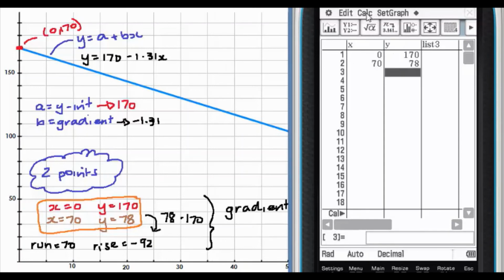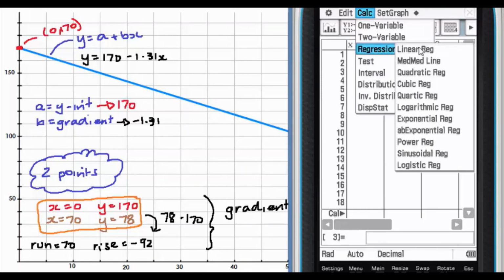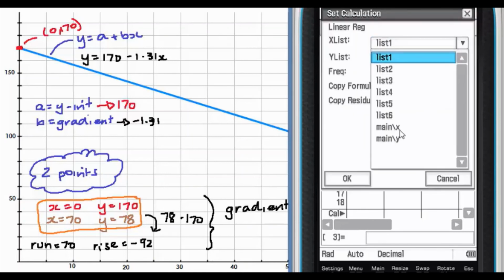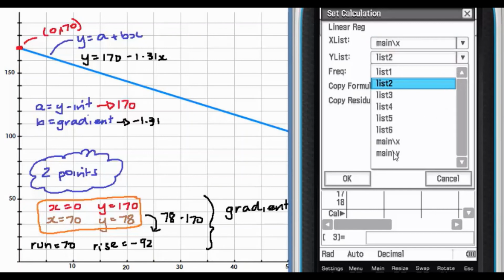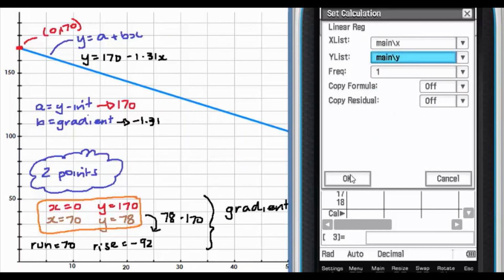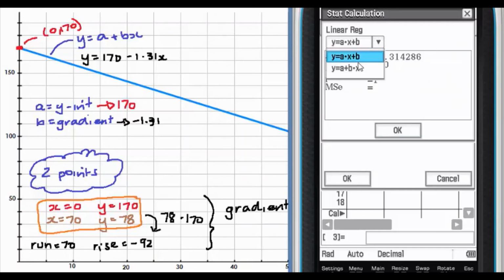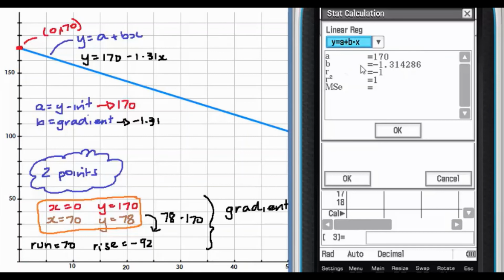Then I'm going to go calc, regression, linear regression, and name which columns are the right ones. My x list is x, my y is y, and I'll get OK, and remembering that I need to write it in the form of y equals a plus bx, so I hit that.